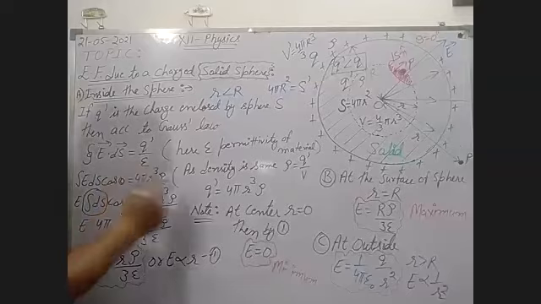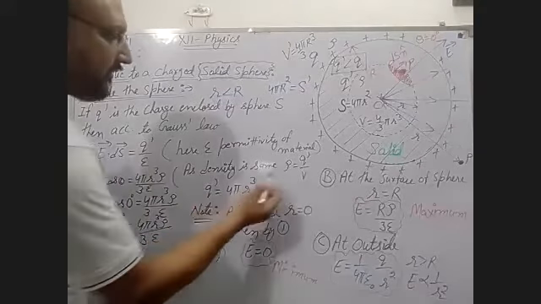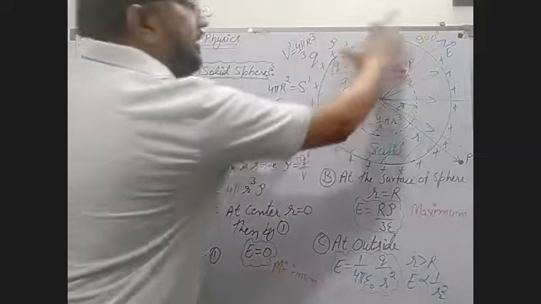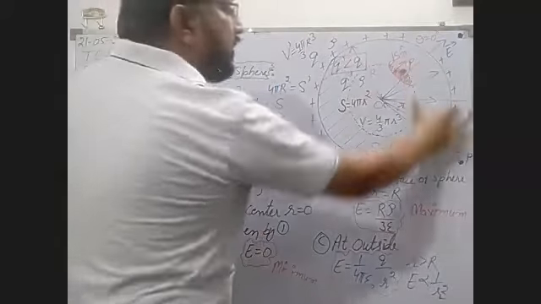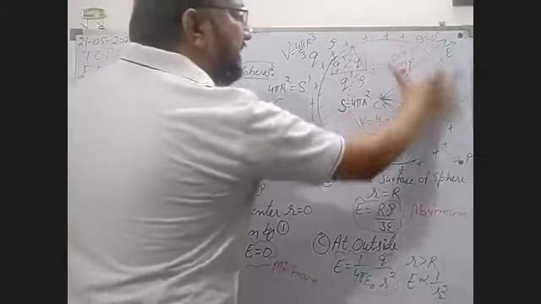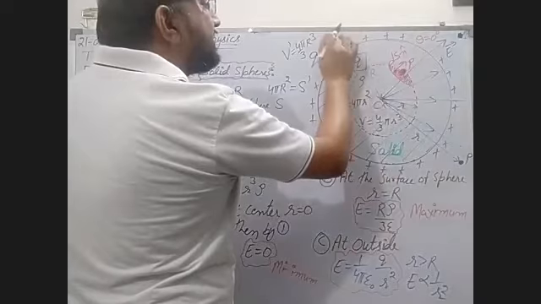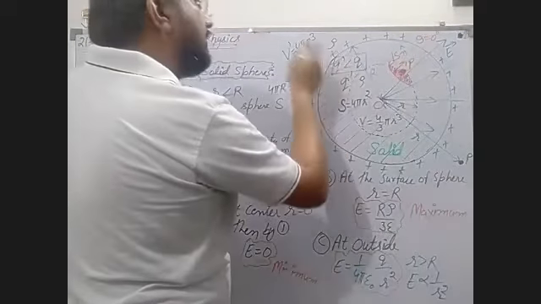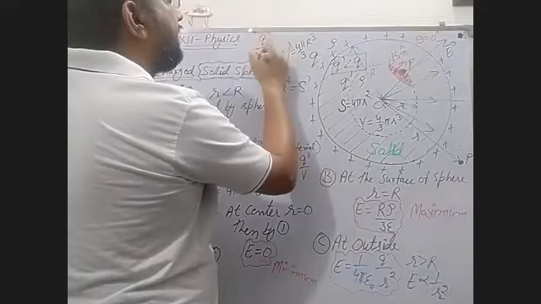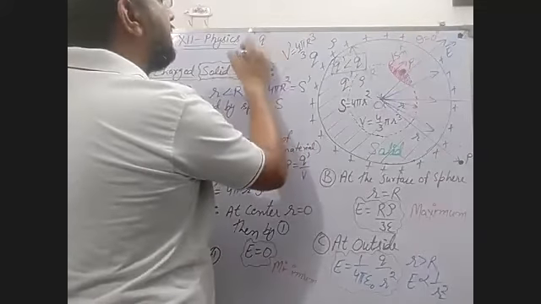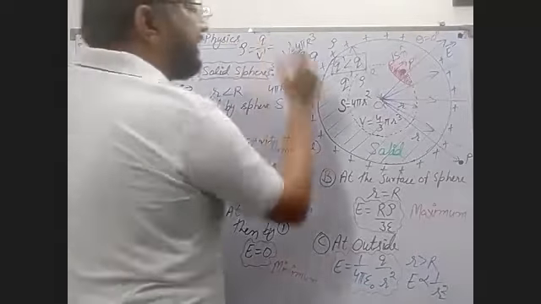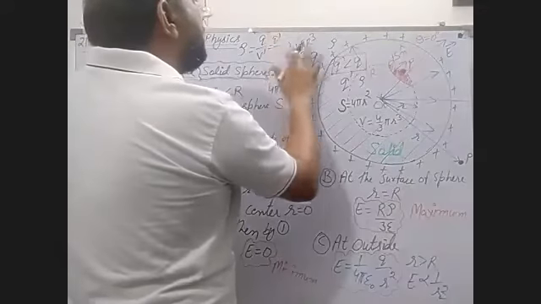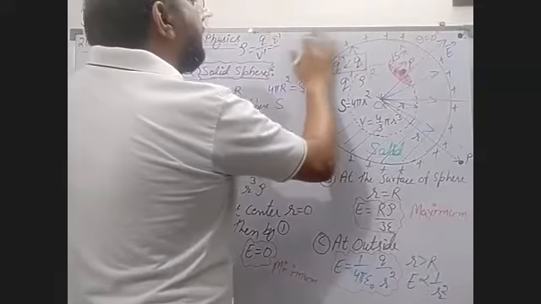What is the value of Q dash? Here you can see the density is the same throughout this sphere. If density is the same, then the density of the sphere is Q upon V, denoted by rho. And the density of this smaller sphere you can write as Q dash upon V dash.